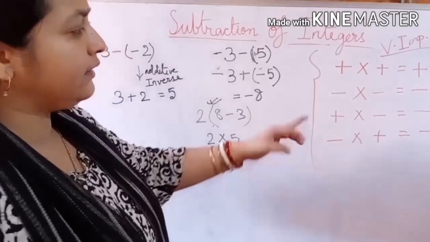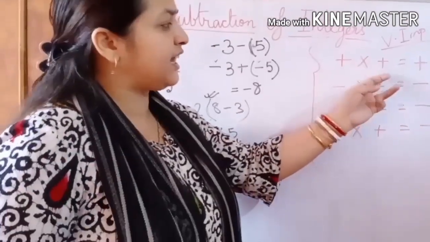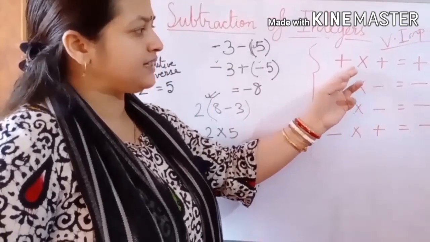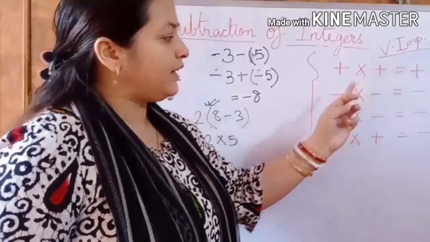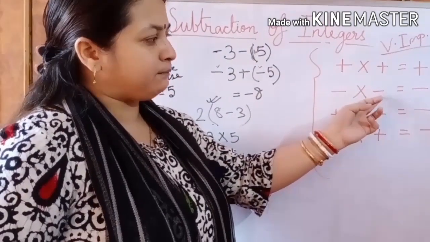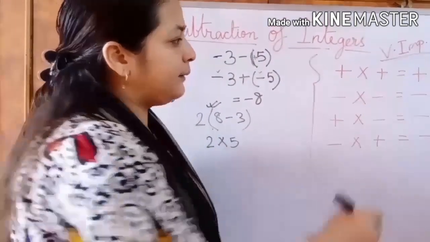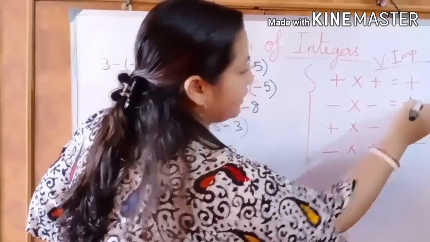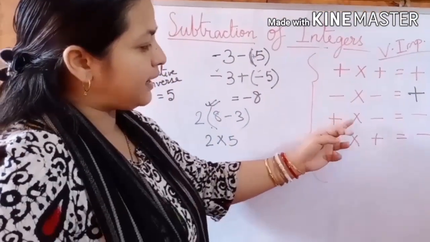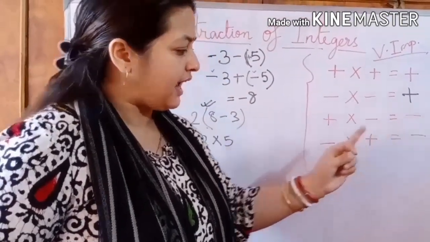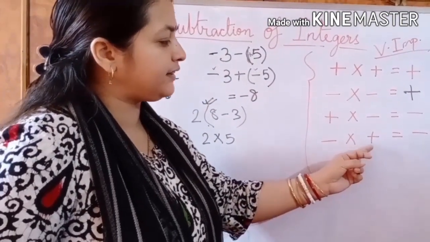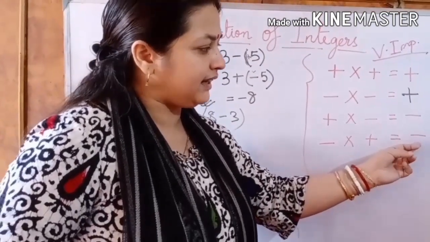When two positive signs are multiplied, plus into plus, we always get plus. When two negative signs are multiplied, we get plus. When plus is multiplied with minus, we get minus. And when minus is multiplied with plus, we get minus.